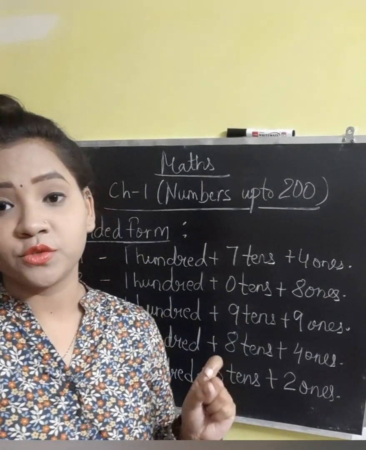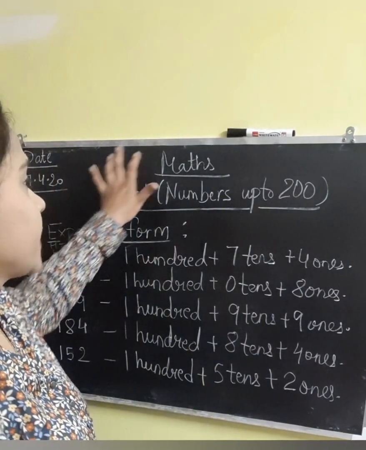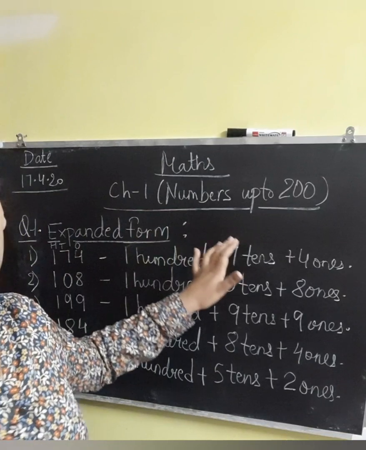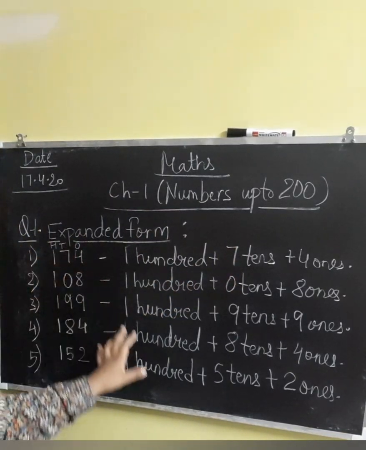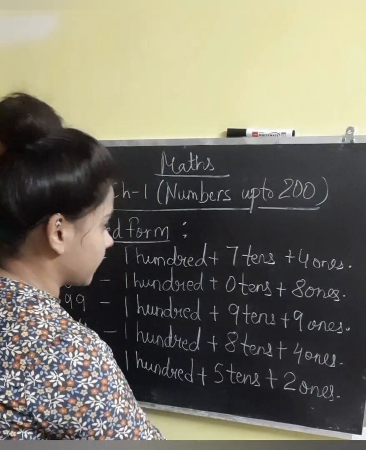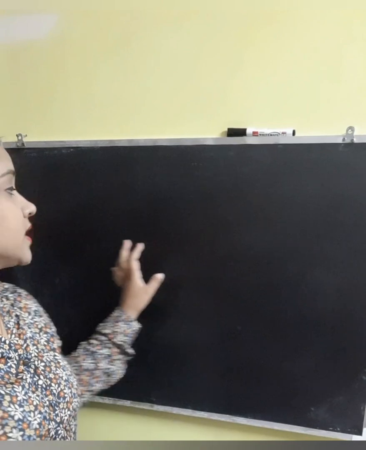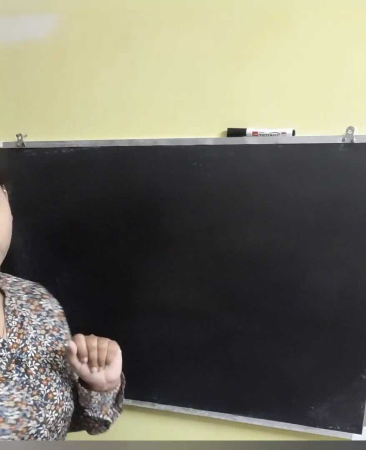So you are supposed to do that question on the next fresh page. Okay, you are not supposed to write down these details, date and everything. Just write down question number 2 on the fresh page. Okay, so let's start question number 2. Children, like I am using a fresh side of the board, you are also supposed to write from a fresh page in your notebook question number 2.